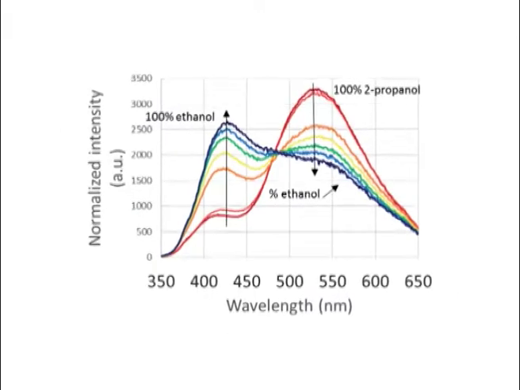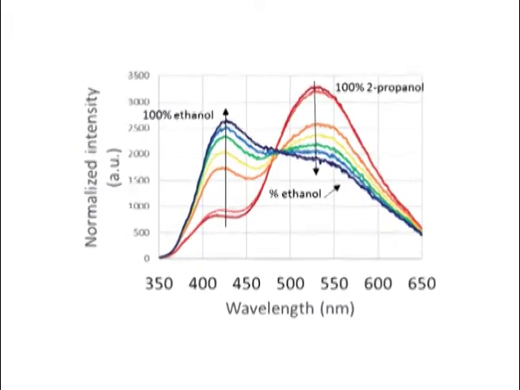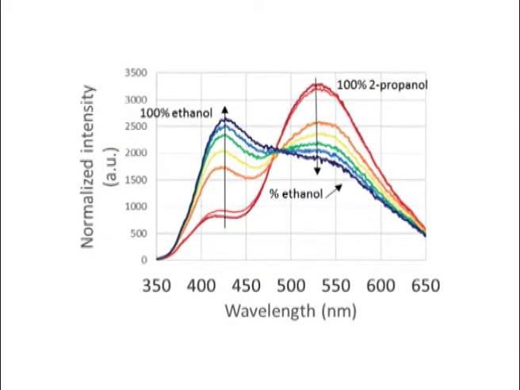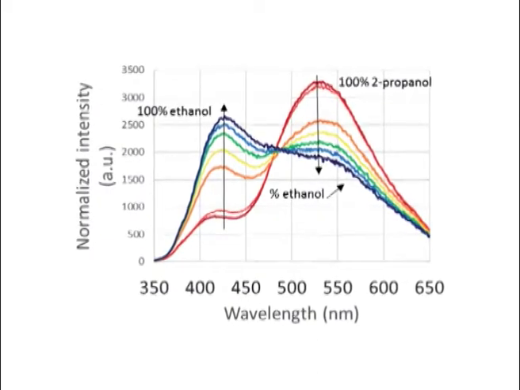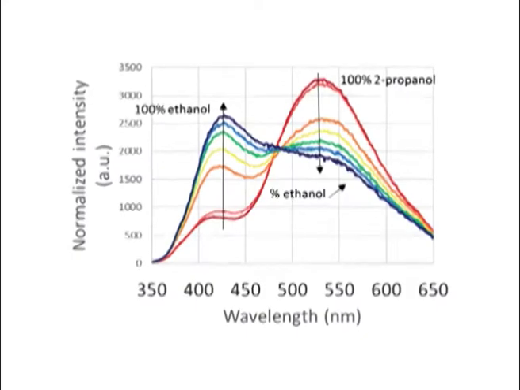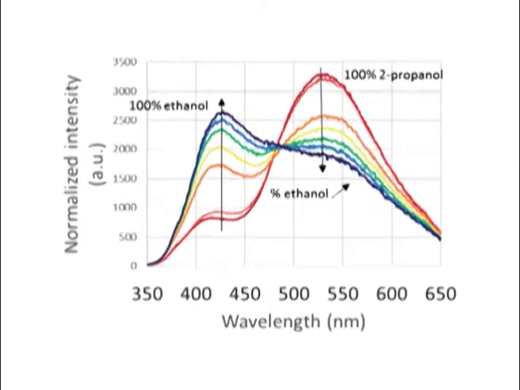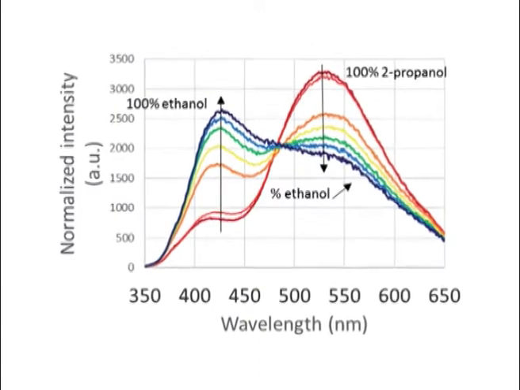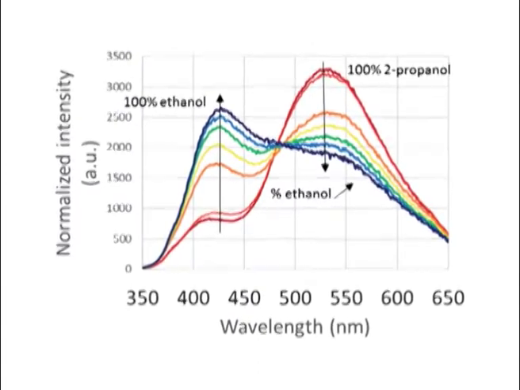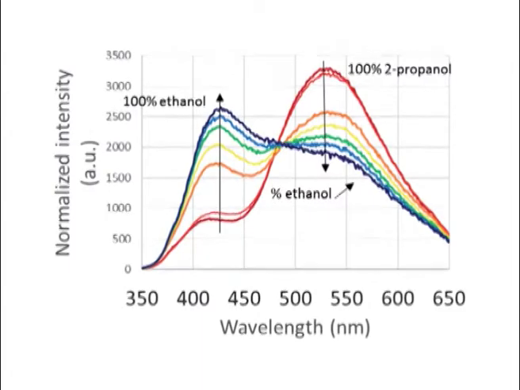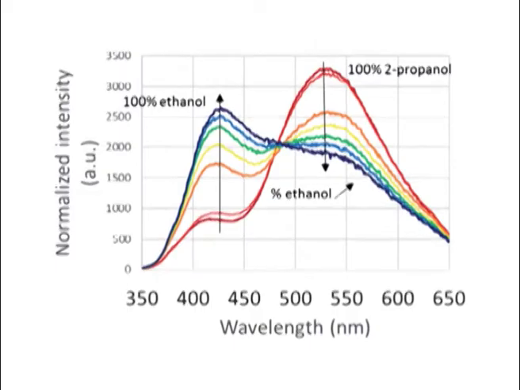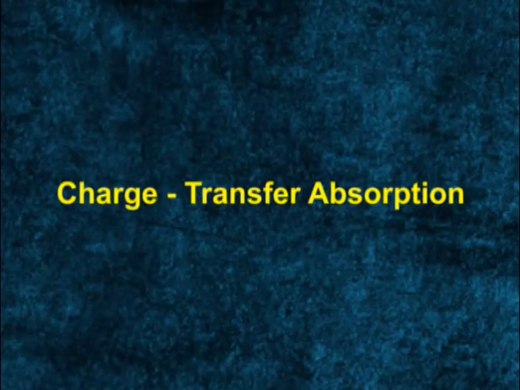This effect is greater for the excited state, and so the energy difference between the excited and unexcited states is slightly reduced, resulting in a small red shift. This effect also influences n to pi star transitions, but is overshadowed by the blue shift resulting from solvation of lone pairs. Charge transfer absorption.